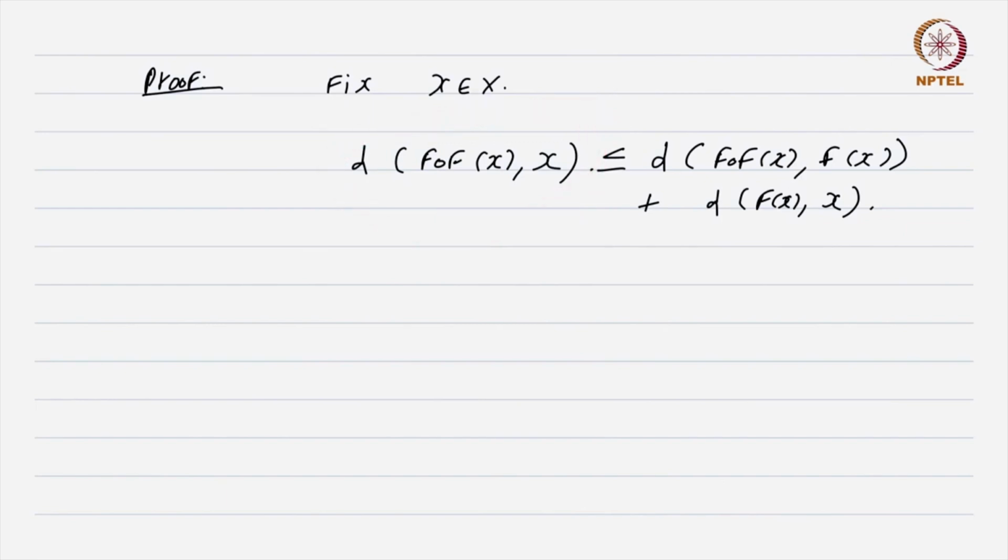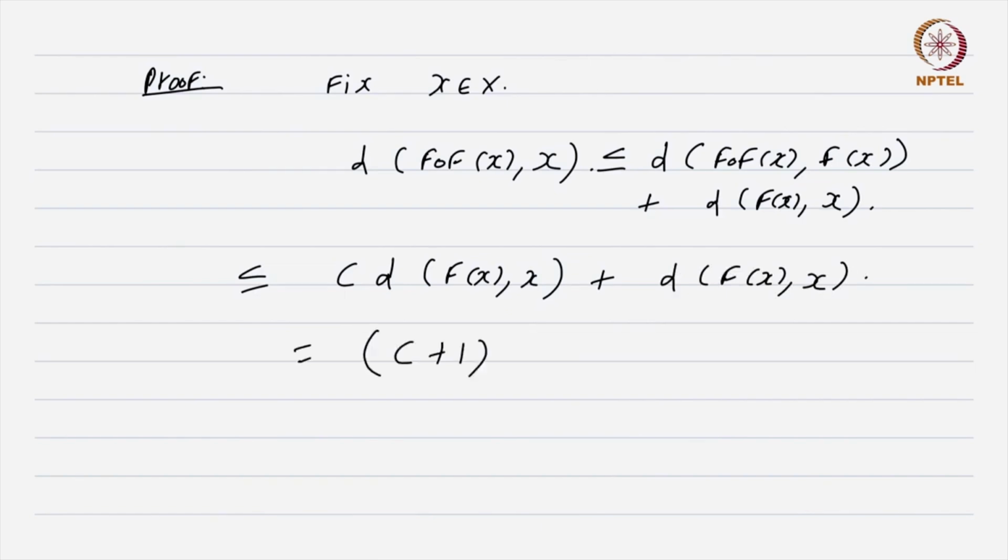But now that we have this, we can write the first term. The first term simplifies. This is less than or equal to c times d(f(x), x) plus the same thing again, d(f(x), x). So the net upshot is this is equal to (c plus 1) times d(f(x), x).